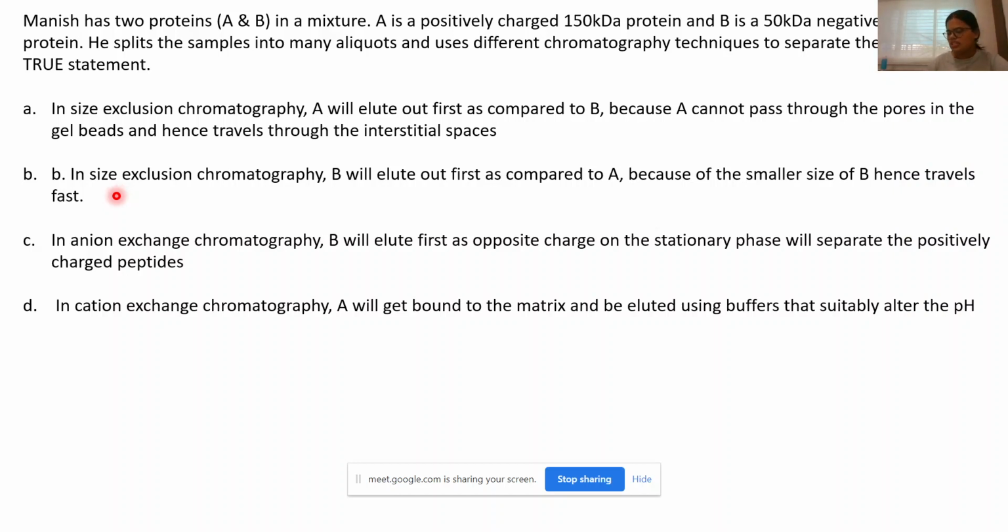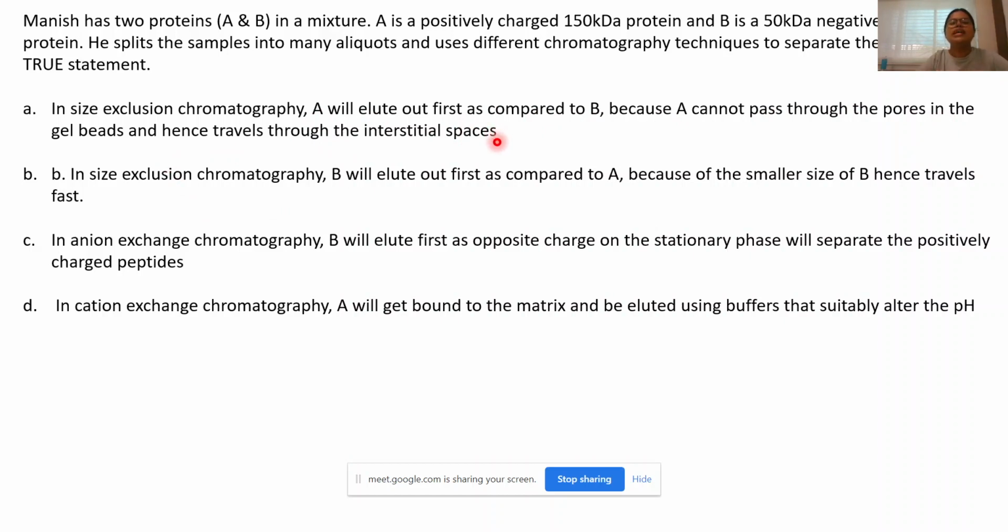Okay, so we will see the options one by one and then figure out which is the correct option. Coming to option A, in size exclusion chromatography, A will elute out first compared to B because A cannot pass through the pores in the gel beads and hence travels through the interstitial space.